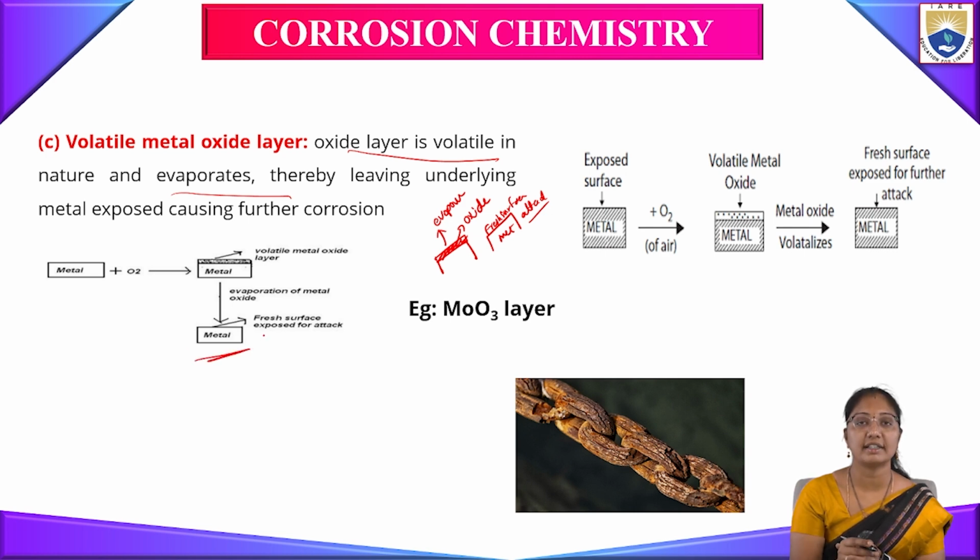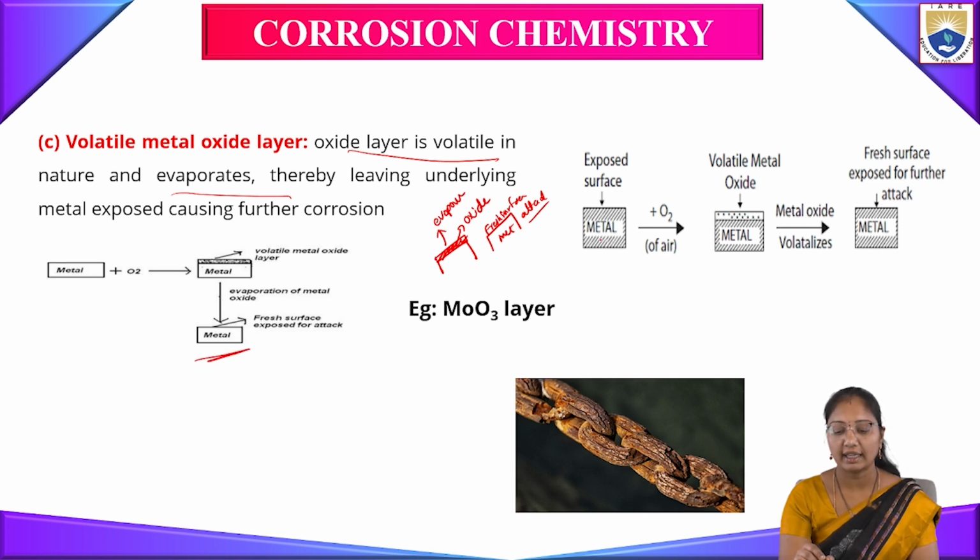So the metal is ready for attack. Here the exposed surface plus oxygen forms the volatile metal oxide layer, then the metal oxide volatilizes, and again here we can see the dots which represent the metal oxide layer. Then this metal oxide volatilizes and it gives the fresh metal. There won't be an oxide layer.